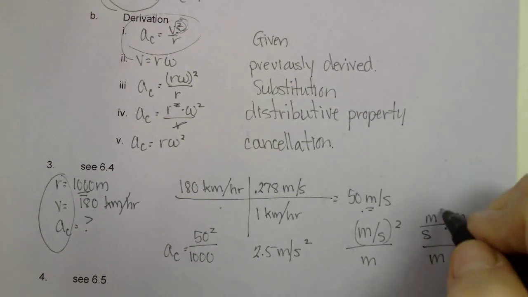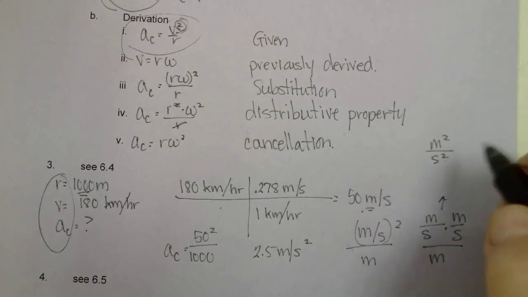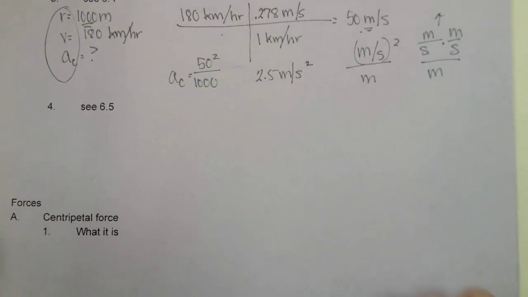Work that out, and I'm going to put it up here. So I have meters squared all over second squared divided by meters, which is the same as times 1 over meter. This cancels out with that, and I'm left with meters per second squared. So my units work out perfectly with that. And of course, we always want to be attentive to that, making sure that we're getting the right units for the problem we have.